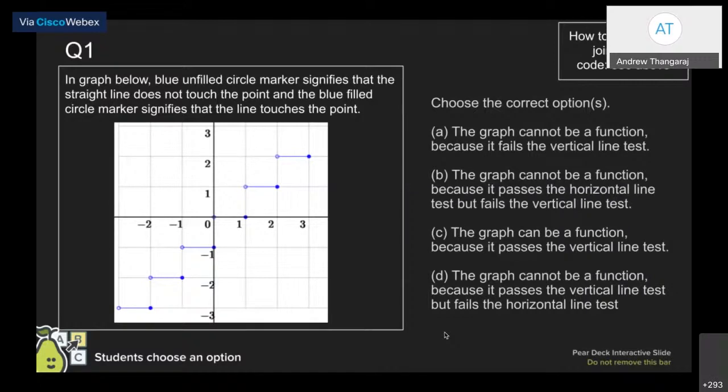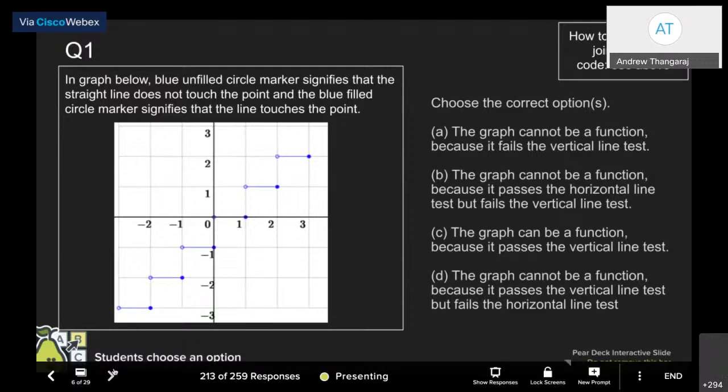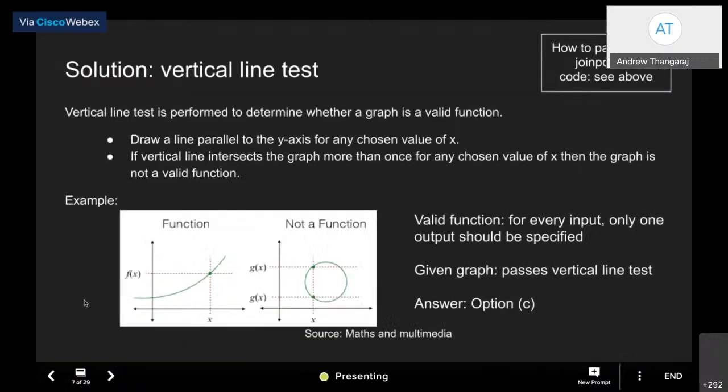This is a question which helps you identify whether a graph represents a function or not. Now a function has some conditions on its definition. So let me just show you a screen which brings out the definition very clearly. The most important line in this slide is this: what is a valid function? You see on the right one of the lines which says a valid function.